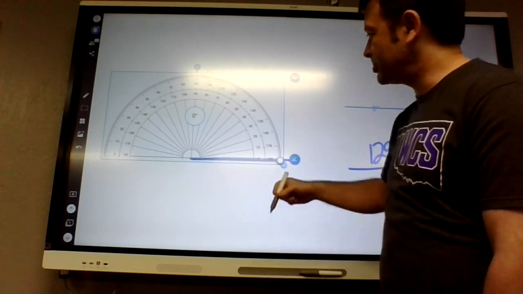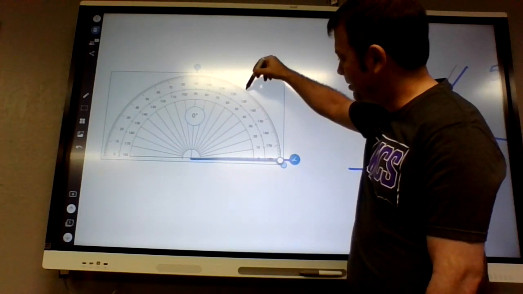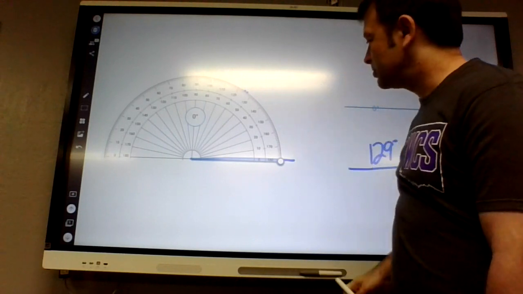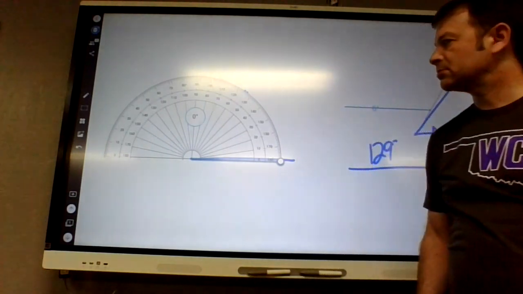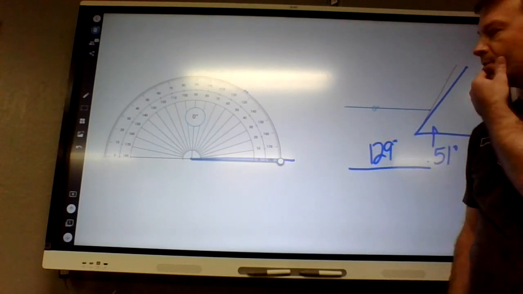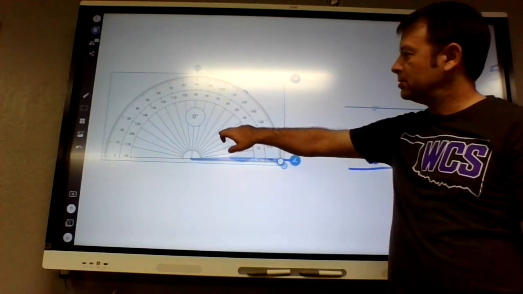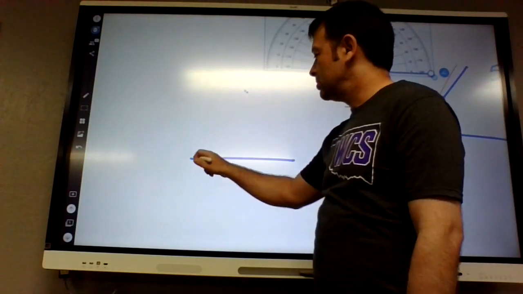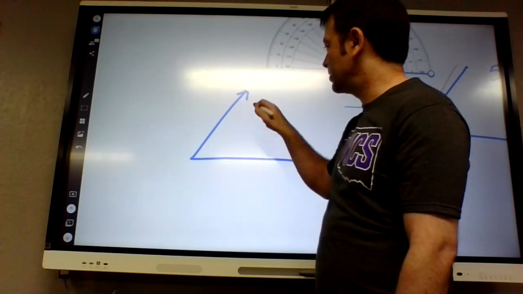And then since it's supposed to be 55, there's 50 and 60. I'm going to put a mark where 55 should be. Do you see where 55 should be? Okay, then all you have to do is connect the dots. Connect the end of your line with the 55-degree point.